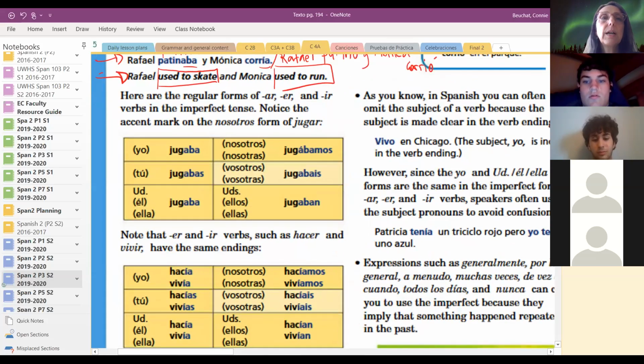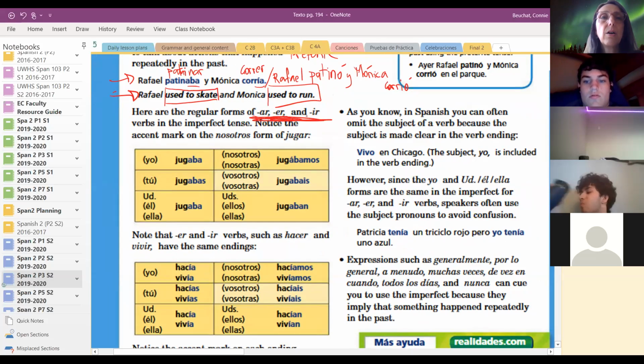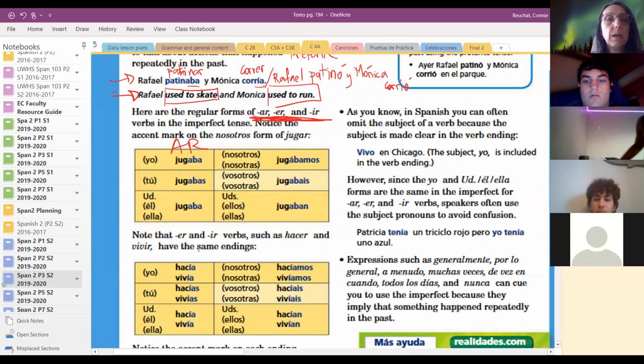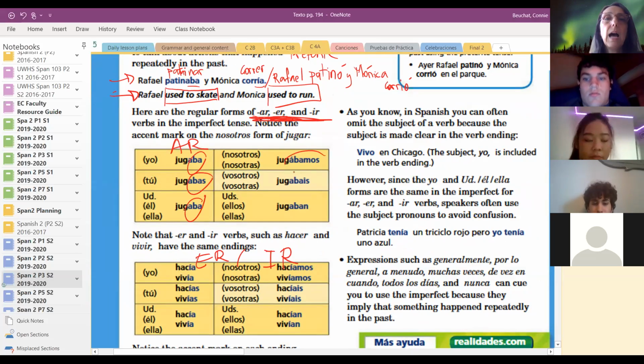So take a look at the endings. We have AR, ER, IR. Here we have AR verbs, and here we have ER and IR verbs. So aba, abas, aba, abamos, abais, aban.